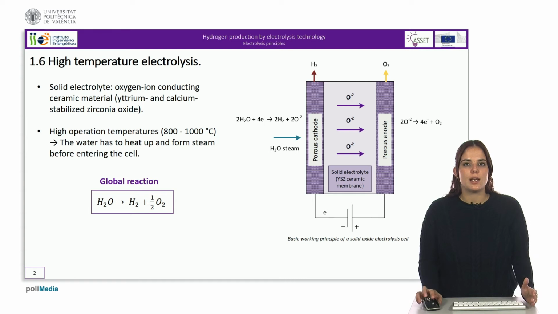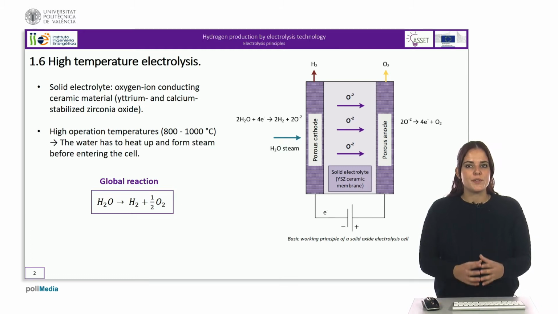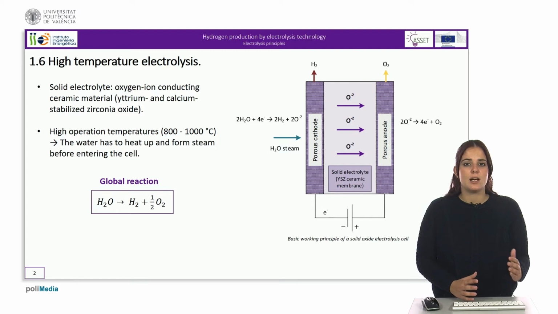Here, the solid electrolyte is an oxygen ion-conducting ceramic material. This ceramic material can prevent corrosion due to its material properties at such high temperatures. Ceramic electrolytes based on zirconium have been selected to be used in this type of electrolyzers.